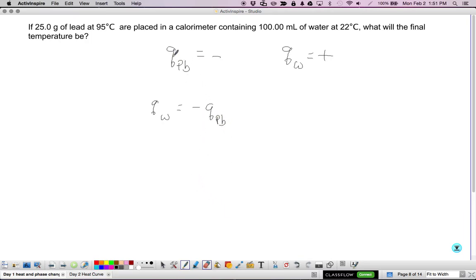I could also do metal here. That might make my life a little easier, and in fact, I am going to do that. Now this is just straight m C_P delta T stuff again. Mass of the water, C_P of the water, delta T of the water equals negative mass of the metal, C_P of the metal, delta T of the metal.